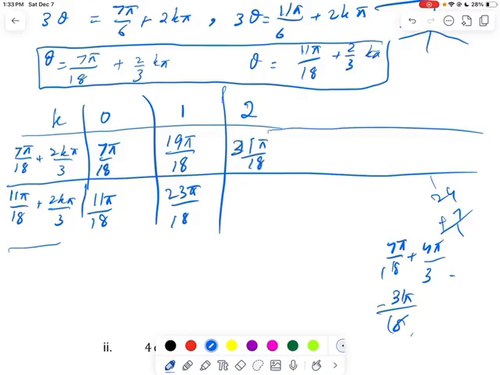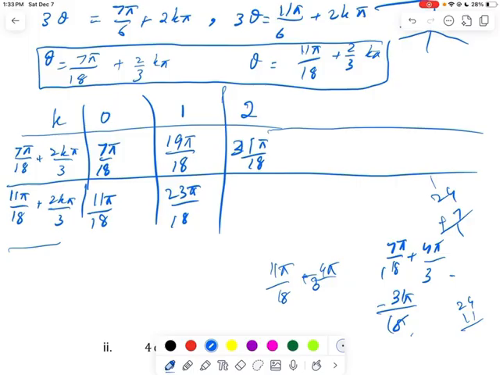And then next thing is to plug in k is equal to 2 in the other expression. So we have 11 pi over 18 plus 4 over 3 pi. Doing the same thing, we have 24 pi plus 11 pi. So 24 plus 11 gives me 35.